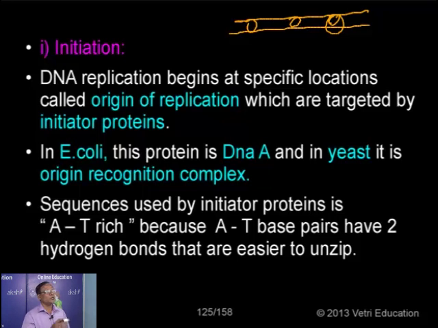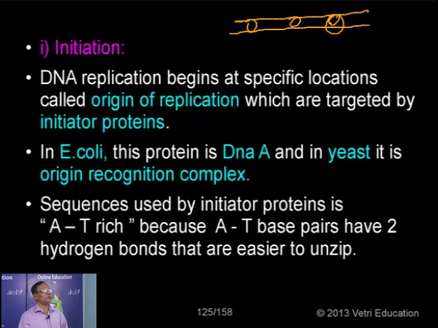This place is normally targeted by a number of initiator proteins, because we want the replication process to proceed properly. The origin of replication is normally targeted by a number of initiation proteins. They are all responsible for initiating the process of replication.